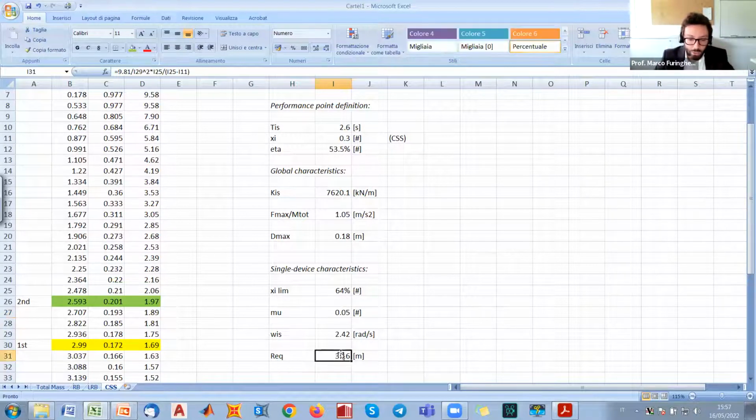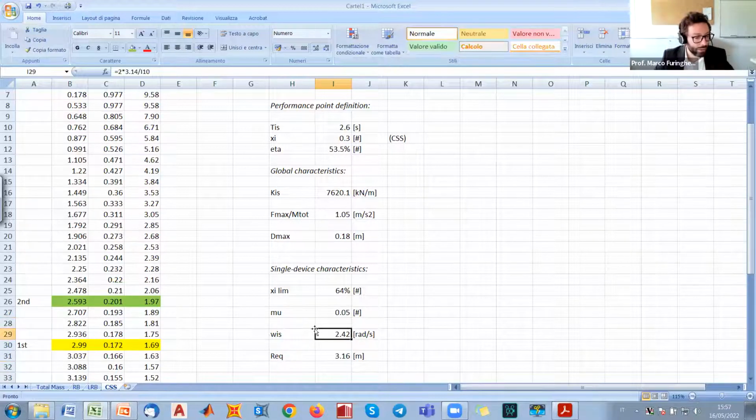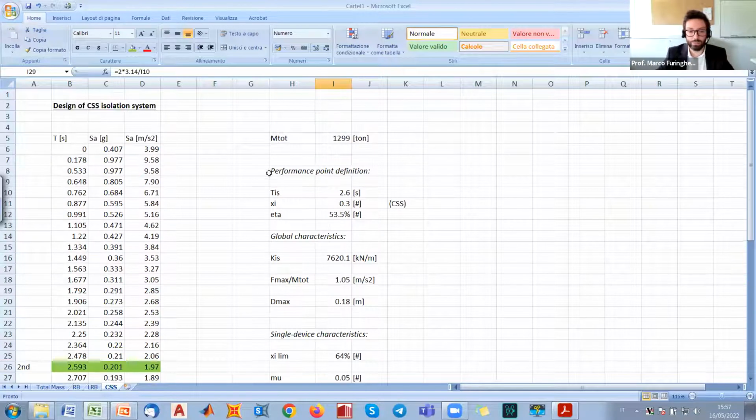So according to these computations that we have performed, we have defined the total mass of the building. Also, we have guessed some initial sizes of all the cross sections for the elements and the geometry. And according to these computations, we have also defined all the isolation systems.